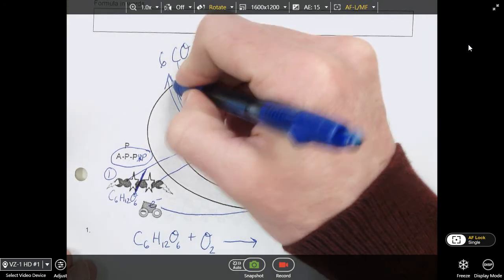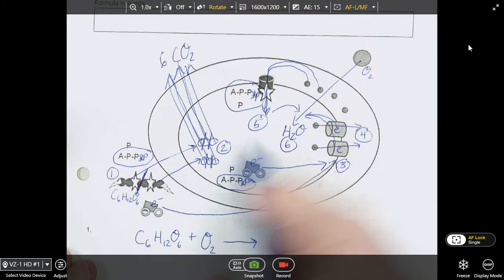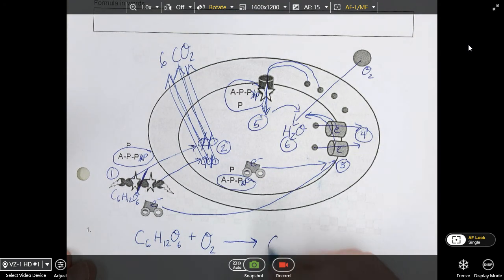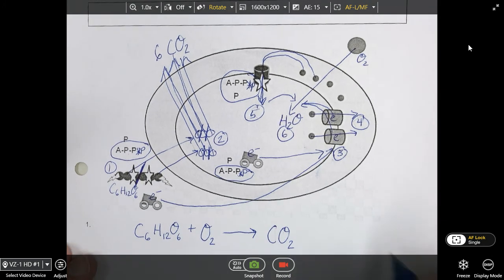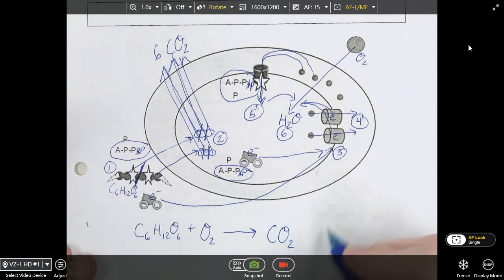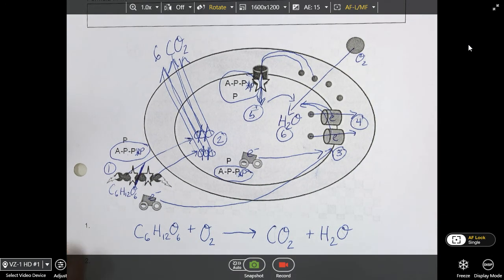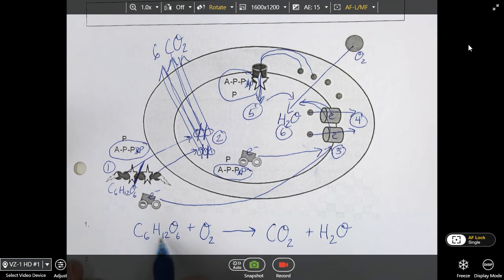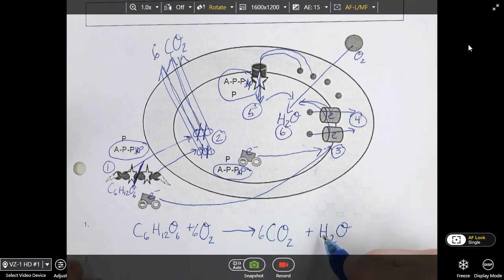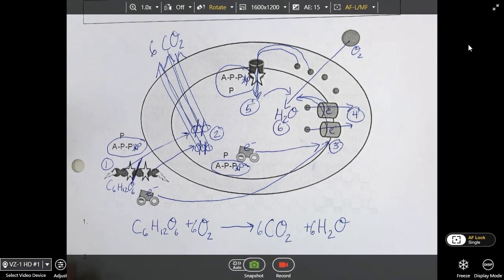From that, we are producing CO2 and water. Again, that's cellular respiration. If we balance it, when we break this down, we get 6 oxygen, 6 carbon dioxide, and 6 water. All right, so hopefully that's helpful.